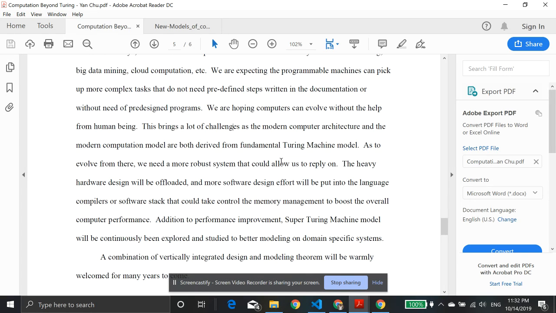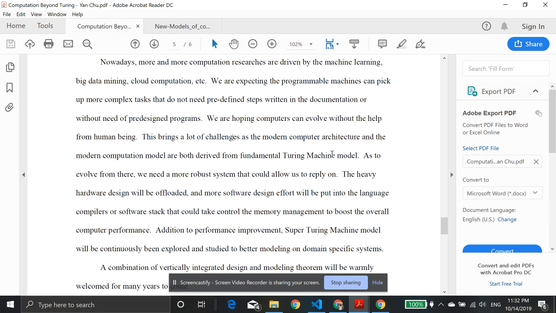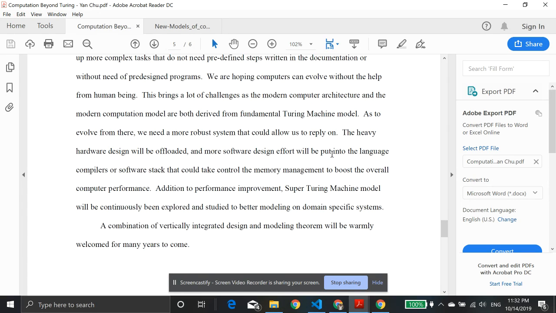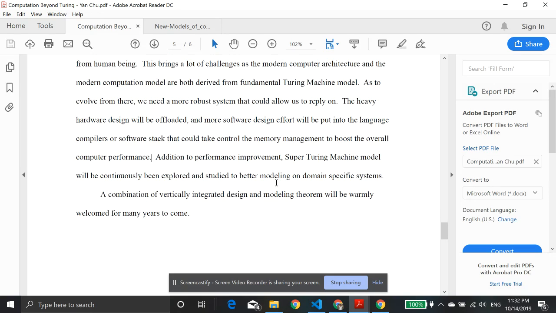We need a more robust system that we can rely on to do more complex computations. The heavy hardware design will be offloaded and more software design effort will be put into the language compilers and software stack that could take control of memory management to boost overall computer performance. And the super Turing machine model will continue to be explored and studied to better model a domain-specific system.